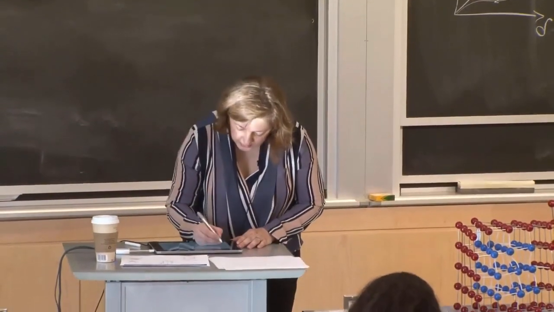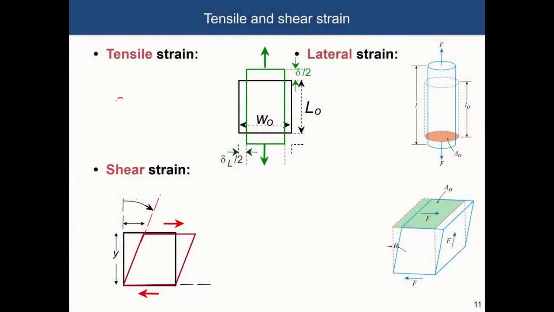So the tensile strain will be defined as epsilon equals delta L over L. Here we are applying the force in the tensile direction, and the change of the length of the material relative to the initial length of the material is defined as the tensile strain. This is simply illustrated here in three dimensions: you're taking a piece of material and pulling it along the axis of the material itself, and this would be the tensile strain.